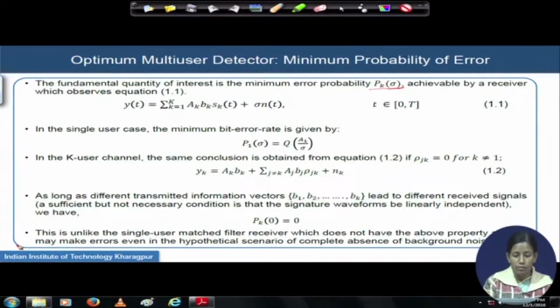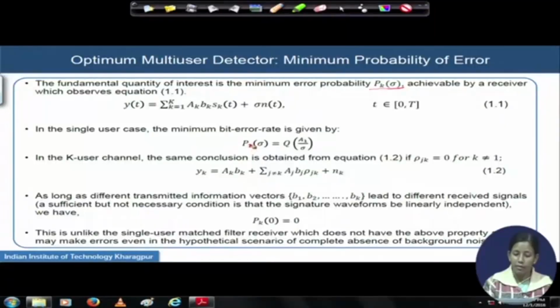If I consider that we have only a single user, this summation goes off and you end up with y(t) = A_1 b_1 s_1(t) + sigma n(t). In that case, for a single user, the minimum bit error probability, governed here by P_1(sigma), can be given by a Q function of the SNR involved, where A_1 is the amplitude received from user 1, and sigma is about the noise power spectral density.